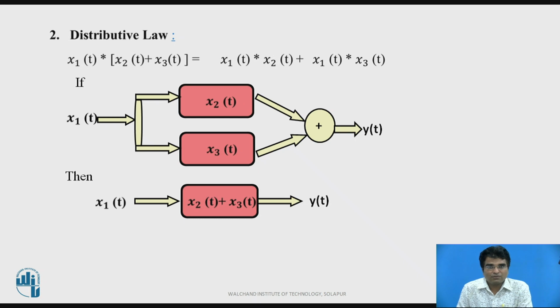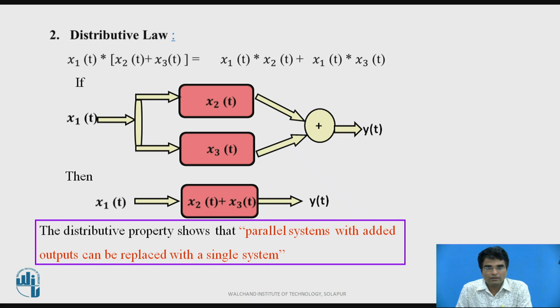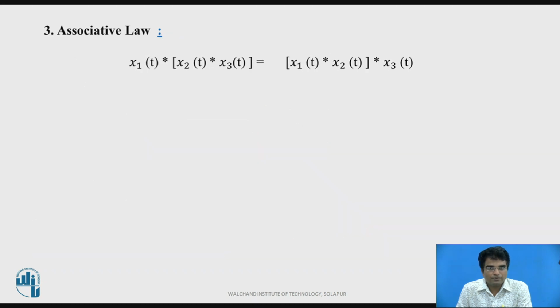In other words, x1(t) is given as input to the block x2(t) + x3(t), which is already added, and we get the final output y(t). Here, the distributive property shows that parallel systems with added outputs can be replaced with a single system.